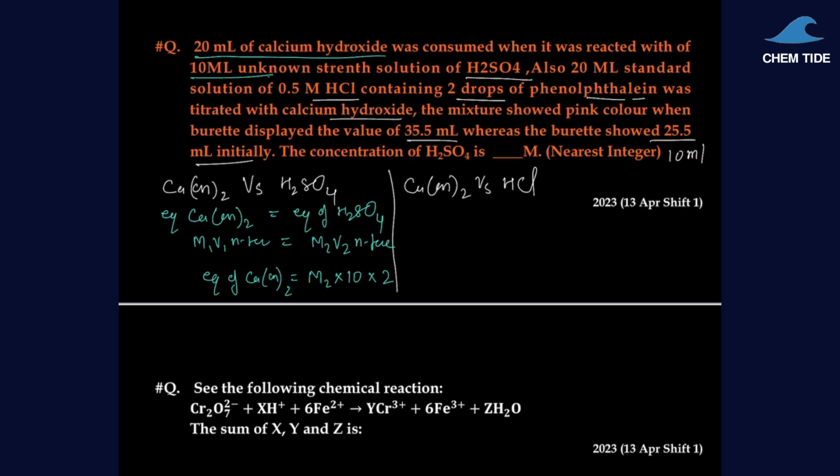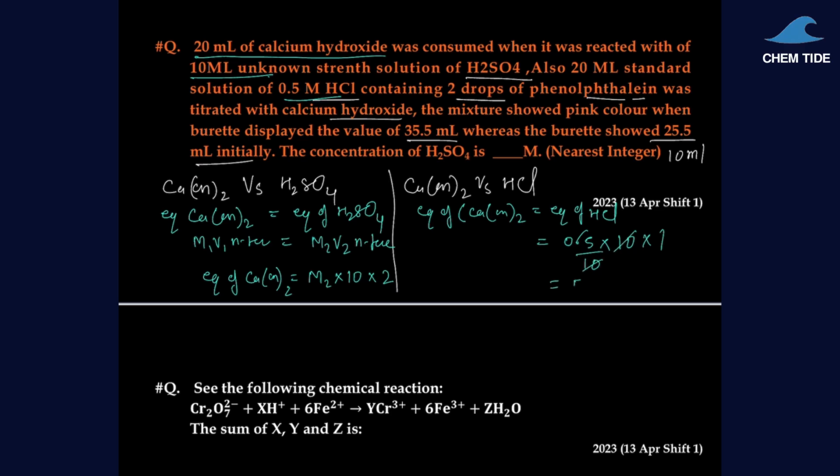I'll write the same thing here. Equivalent of calcium hydroxide would be equal to equivalent of HCl, and for HCl, molarity is given as 0.5, volume is 10, and N factor is 1.